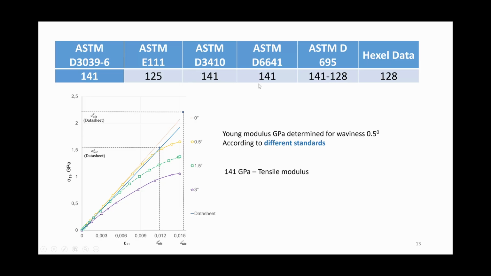For some standards, you have the same value, but manufacturers, they said that it's 128. We have one standard that gives us 125, but it seems like they used this one standard and the most conservative value. It's very popular in aerospace, this standard. So we believe that they use this one, and the waviness is 0.5 degree.